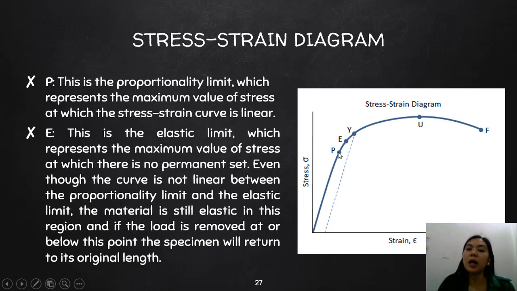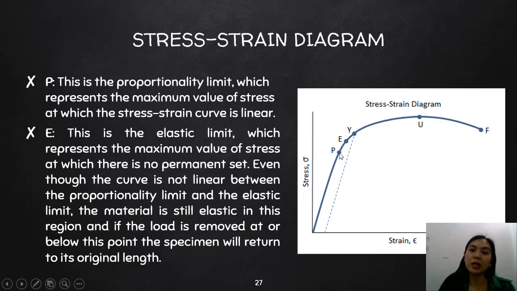This means that up to that point, here is the proportionality limit, and then it curves a little here. So, the distance between your P and E is slightly curved. The elastic limit states that when you release the load, your material can still return to its original shape without any deformation or fracture.